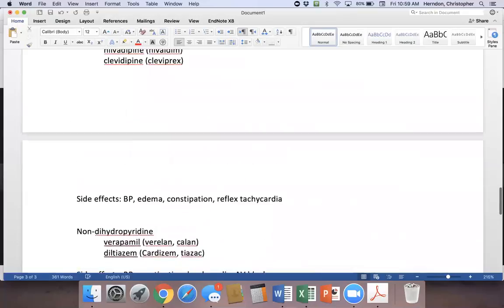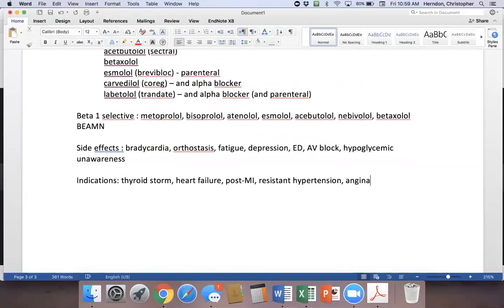What are we missing drug class-wise? Alpha-1 antagonists, right? Prazosin, doxazosin, tamsulosin and terazosin, right?